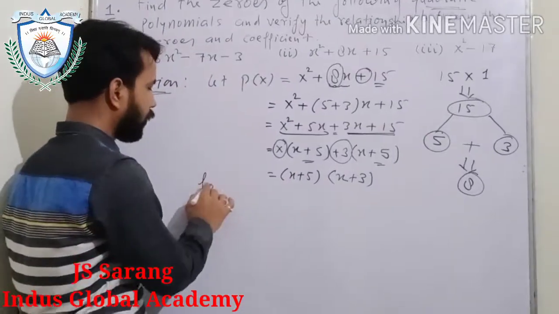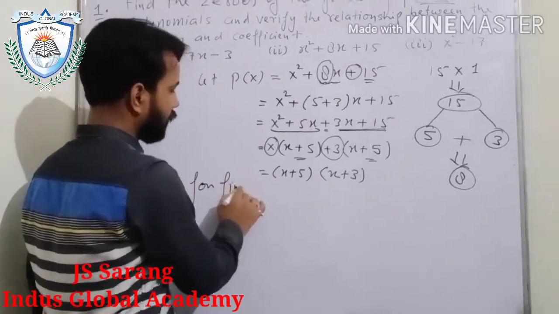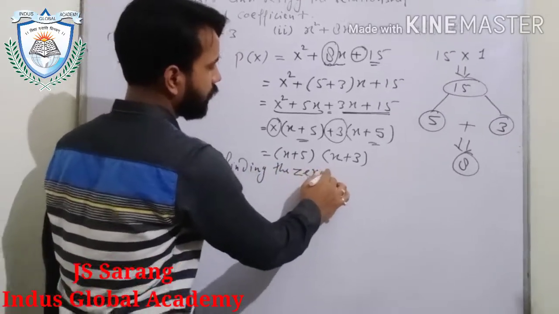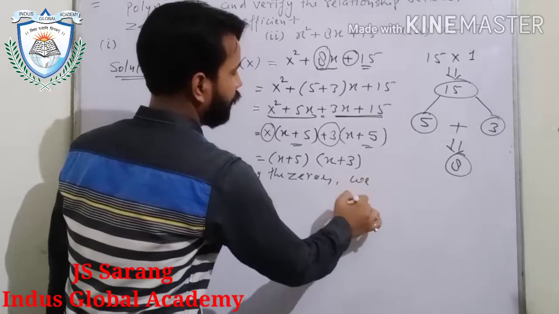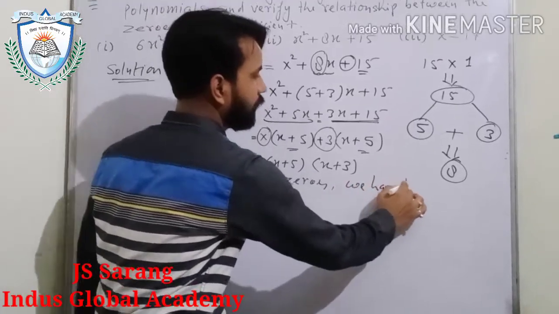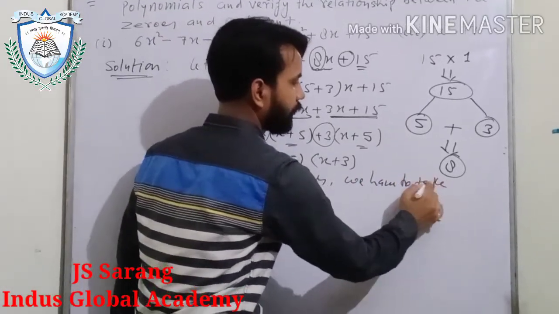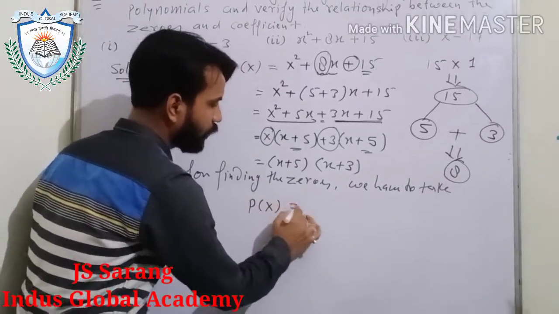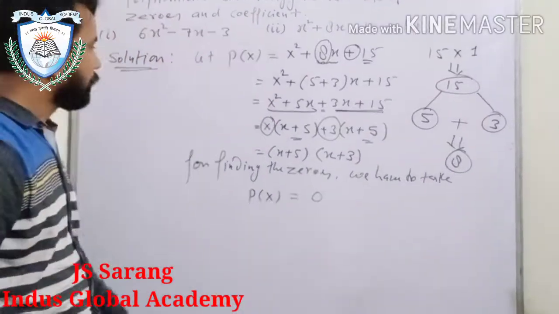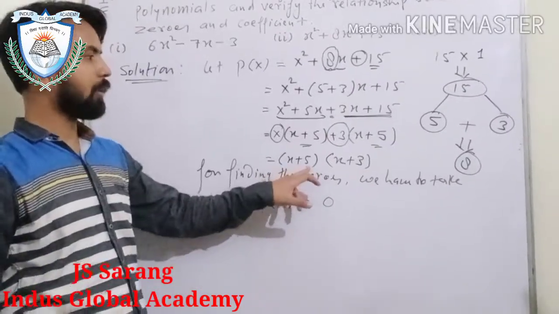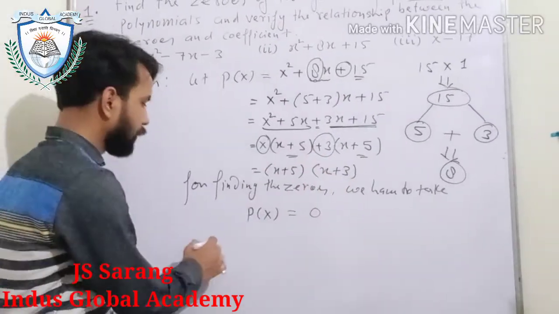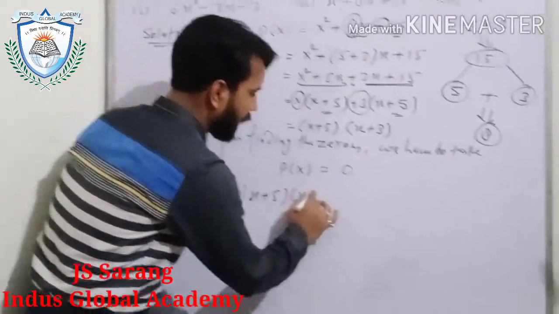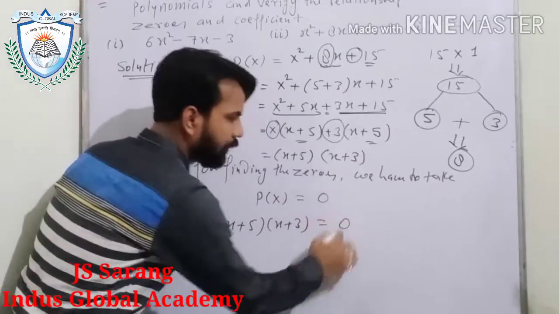So for finding the zeros, we have to take p(x) equal to 0. We have to put p(x) equal to 0. But what is p(x)? p(x) is x plus 5 and x plus 3. So we have to put here (x plus 5) into (x plus 3) equal to 0.